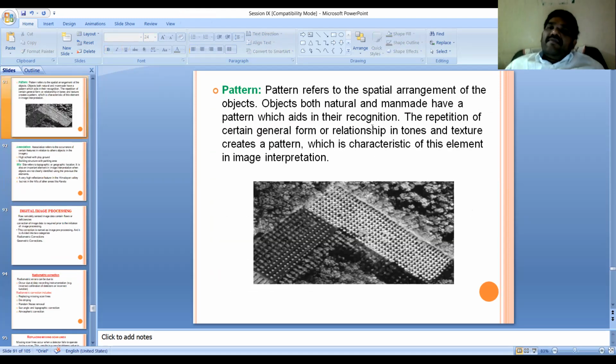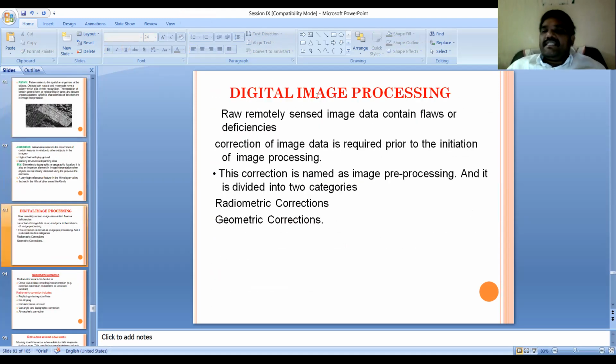See here, the same way, here also there are three words: digital image processing. Digital camera, you might have seen. In the digital mode, you can enhance the features of the target. You can enhance and you can manipulate the images.